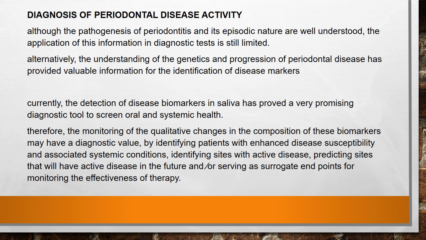Therefore, monitoring the qualitative changes in the composition of these biomarkers may have diagnostic value by identifying patients with enhanced disease susceptibility and associated systemic conditions, identifying sites with active disease, predicting sites that will have active disease in the future, or serving as surrogate endpoints for monitoring the effectiveness of therapy.